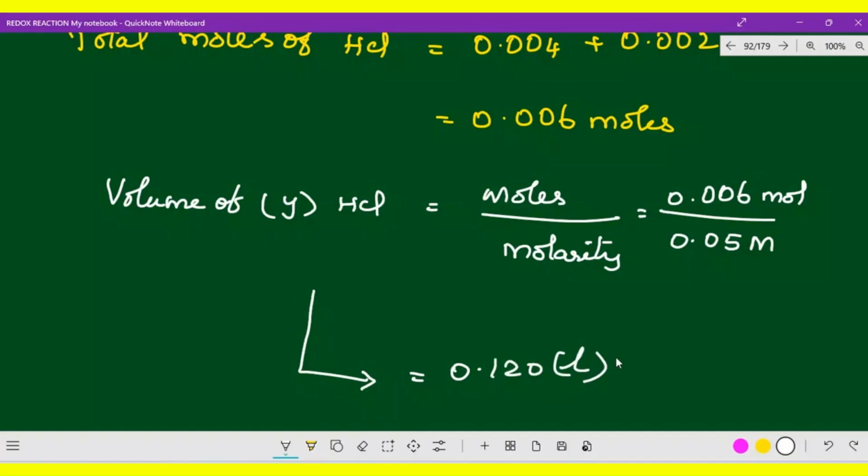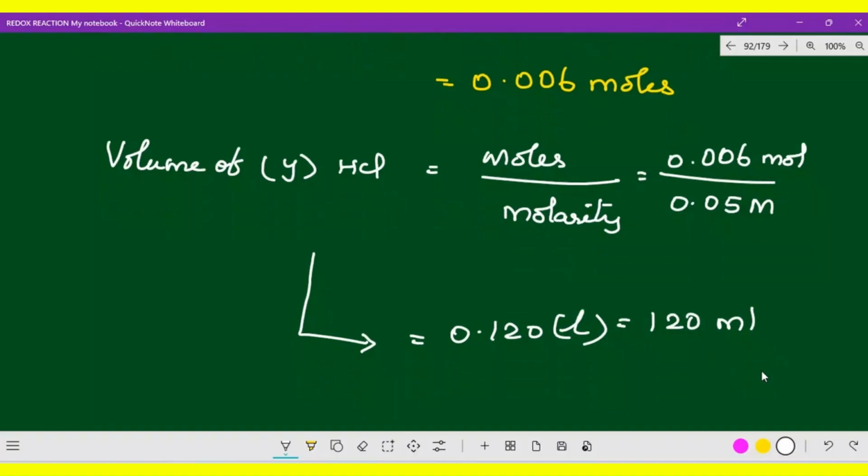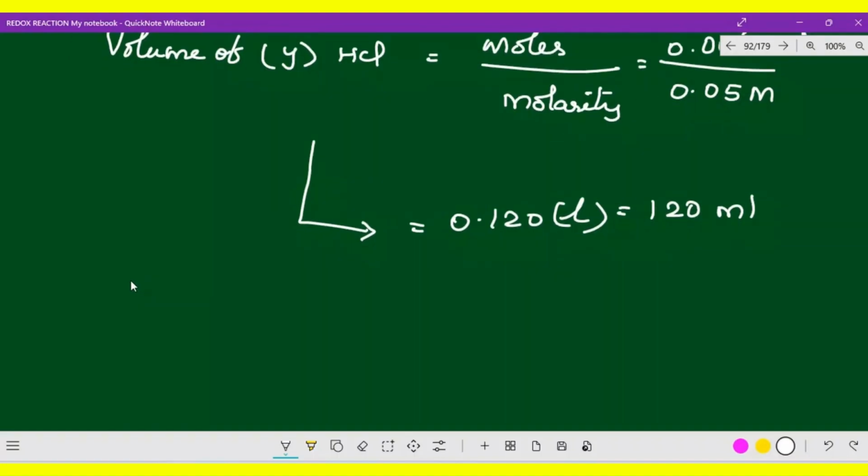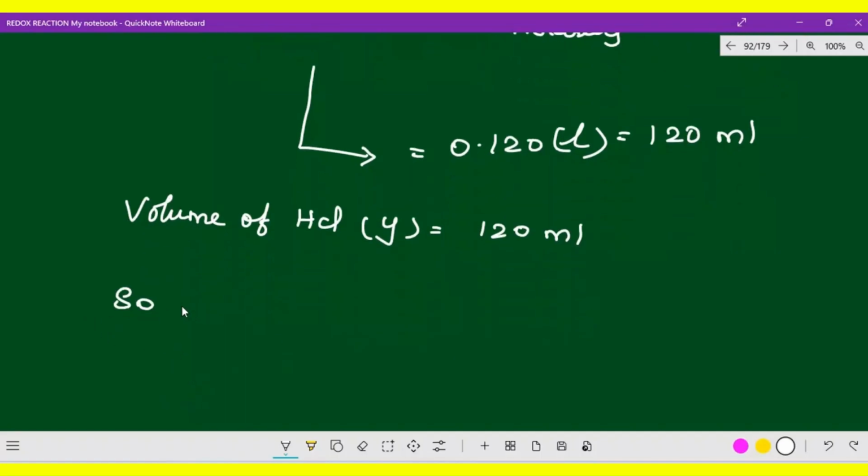So that means 120 mL. We just converted into mL because in the option they mentioned mL only. So now Y is the volume of HCl, 120 mL. That means X how much? So Y minus X we can go for it, right? Y minus X. If we go here 120 mL minus here how much we are getting actually?